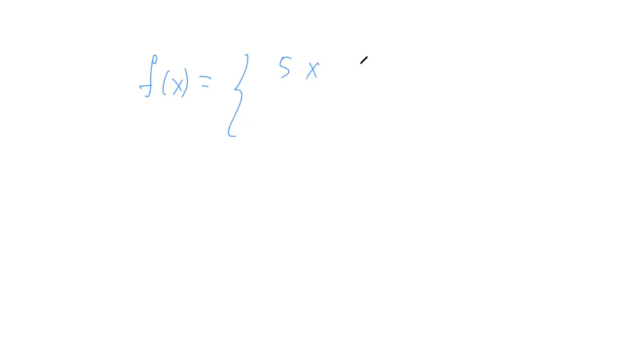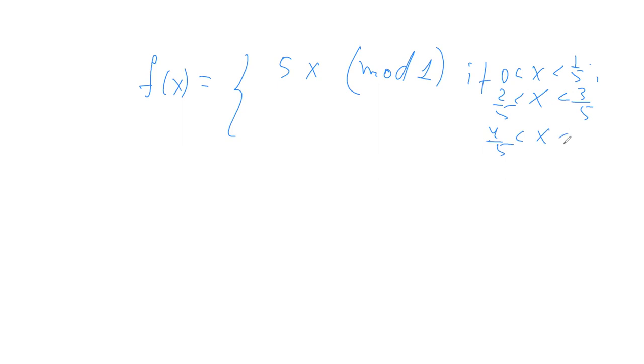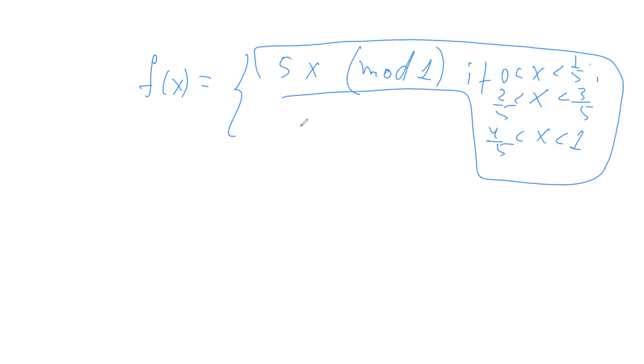This is 5x mod 1 if x is between 0 and 1/5, x is between 2/5 and 3/5, and x is between 4/5 and 1. So this is the first condition. And the second is 0. Well, we can keep it otherwise.